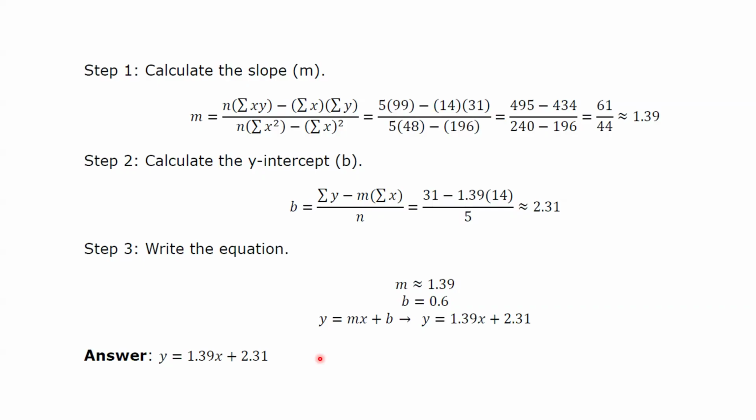So when I substitute 0 in for x, my y is going to be 2.31. So that's where the line crosses the y-axis. Now keep in mind that the y-intercept may not always have a practical interpretation depending on the context of the problem, especially if x equals 0 doesn't make sense in that situation.